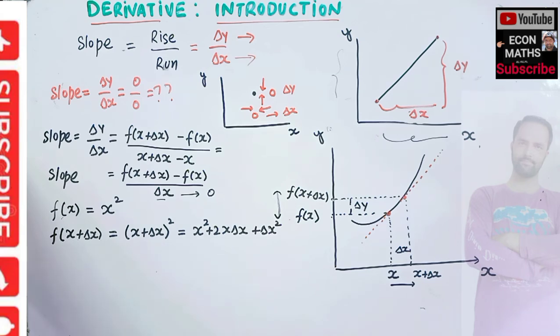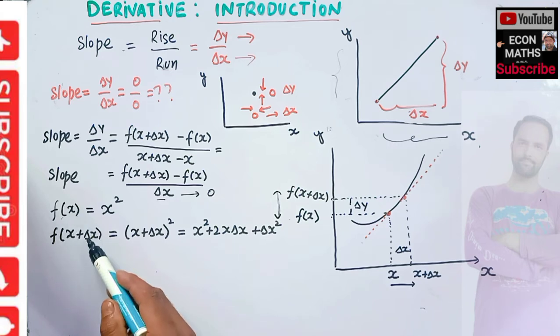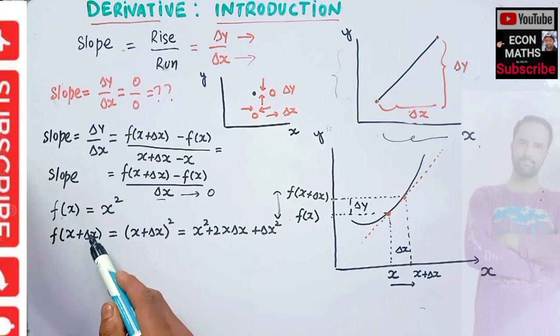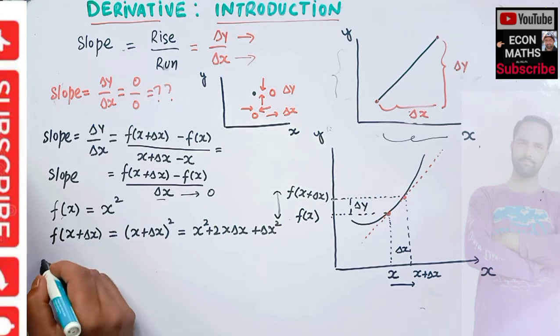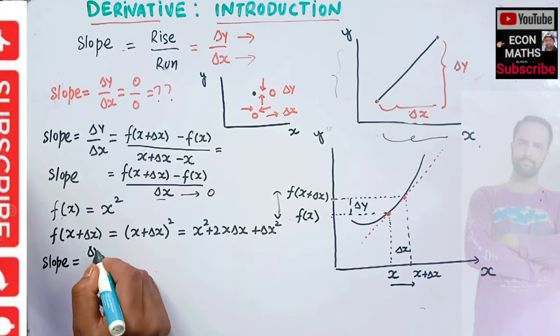Here you can see our x has changed from x to x plus del x. Corresponding to this, our f of x is changed to f of x plus del x. Then slope will be equal to change in y upon change in x.